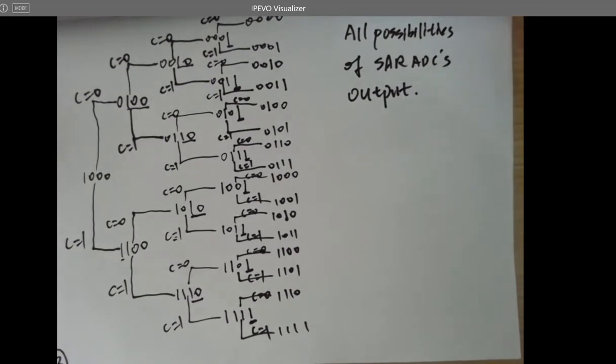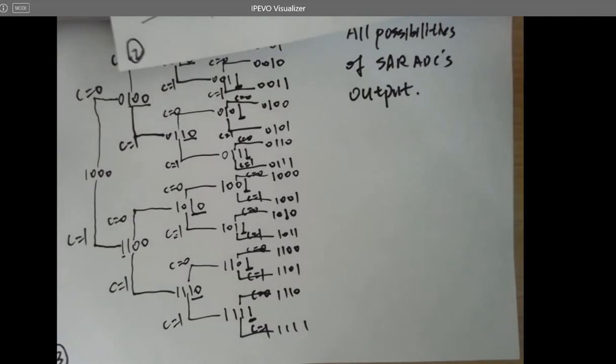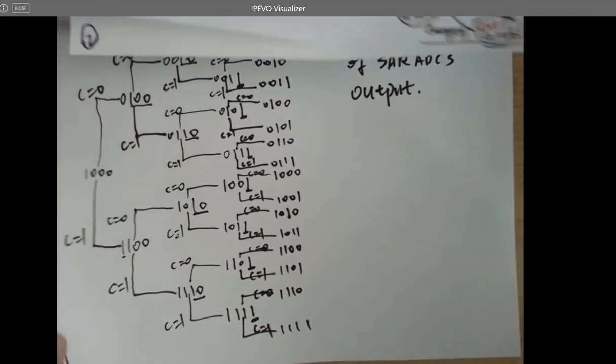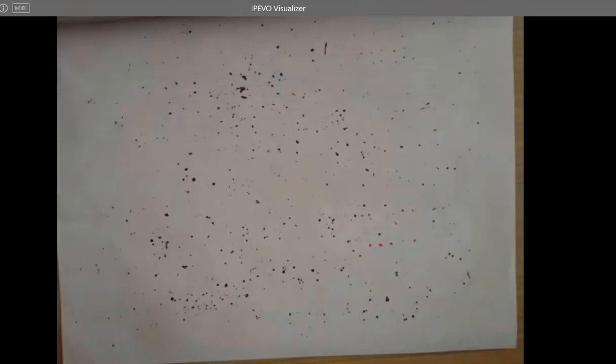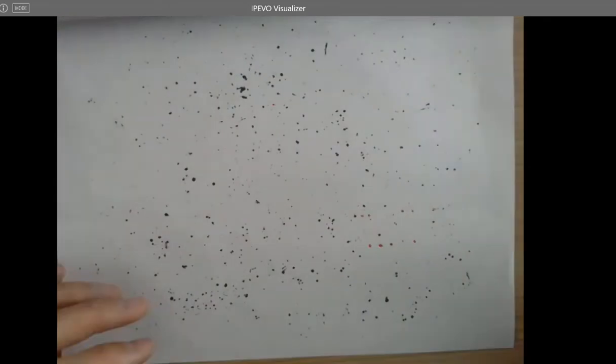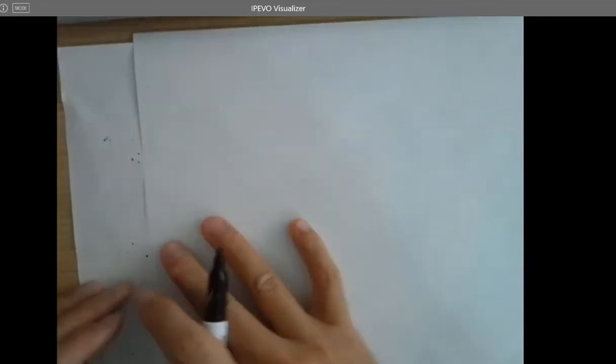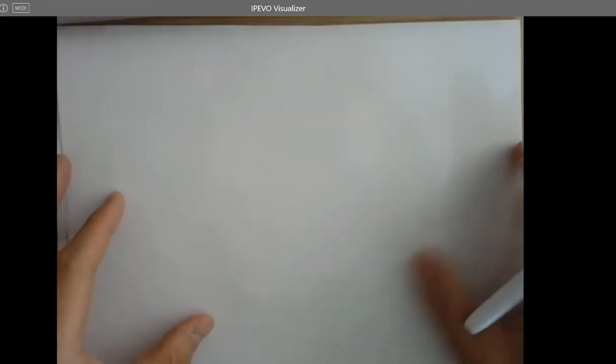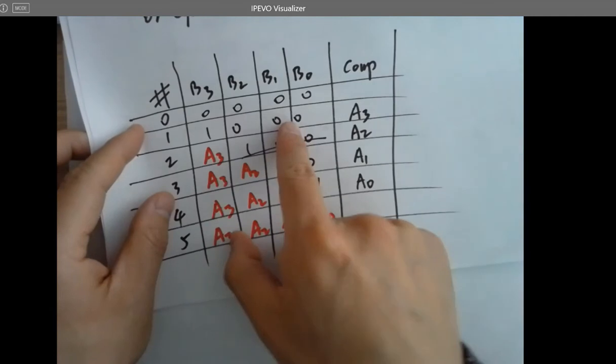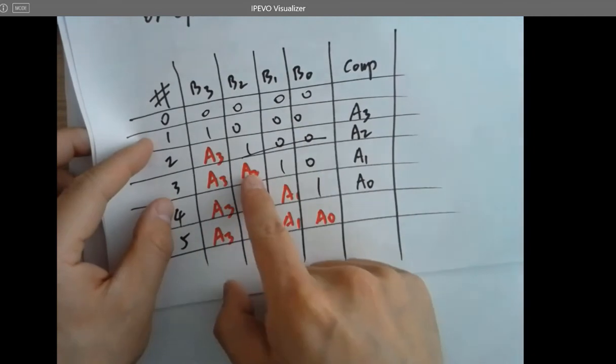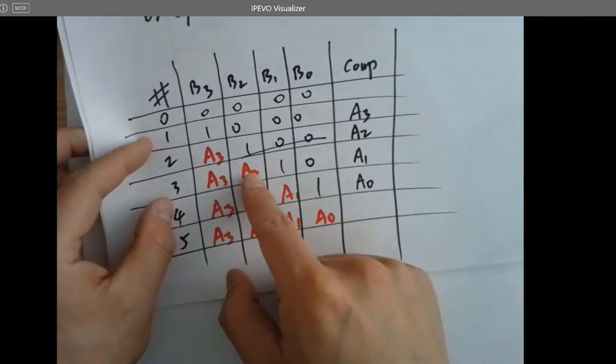All right. So the next question is how to implement this circuit, which is the fun part. Make it work. So let's just look at the table. What I want to do is shift everything to the right and plug in all the comps sequentially, and that's it.